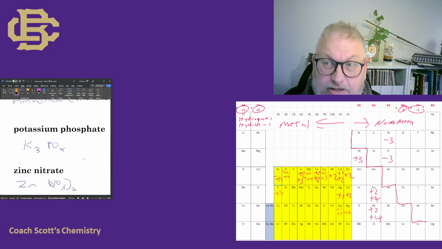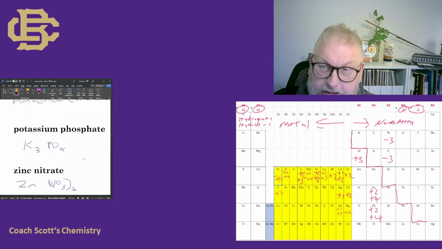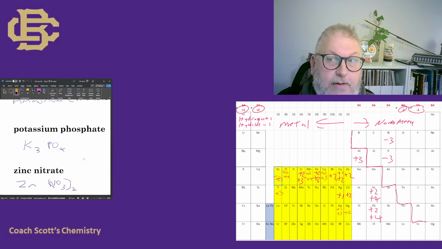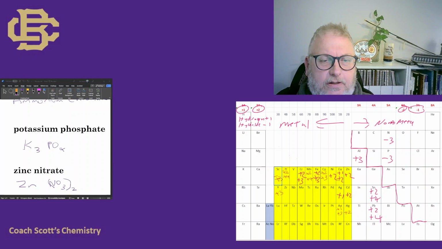That's how you deal with polyatomic ions. You've got to use this sheet right here. You've got to use it. Hopefully y'all can see that. I'm going to put that on top so y'all can see that.